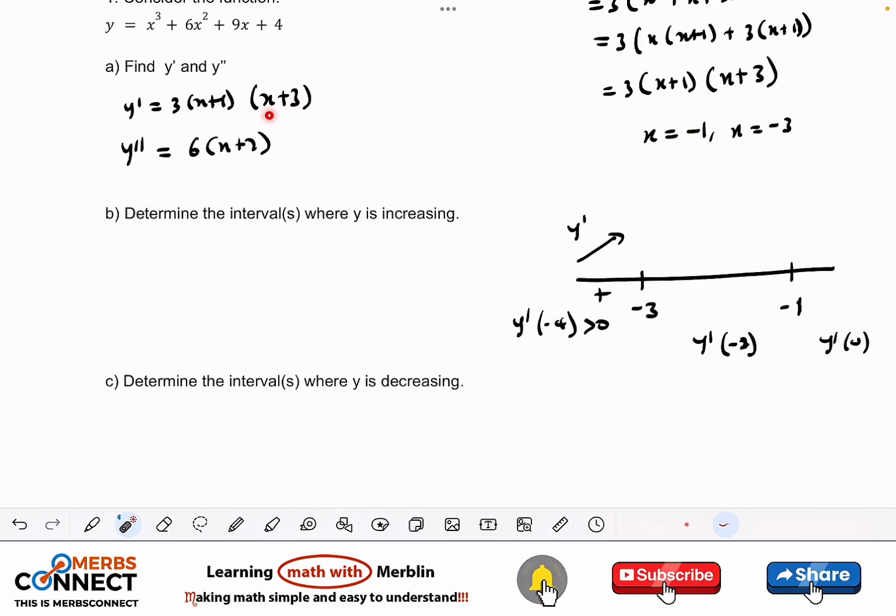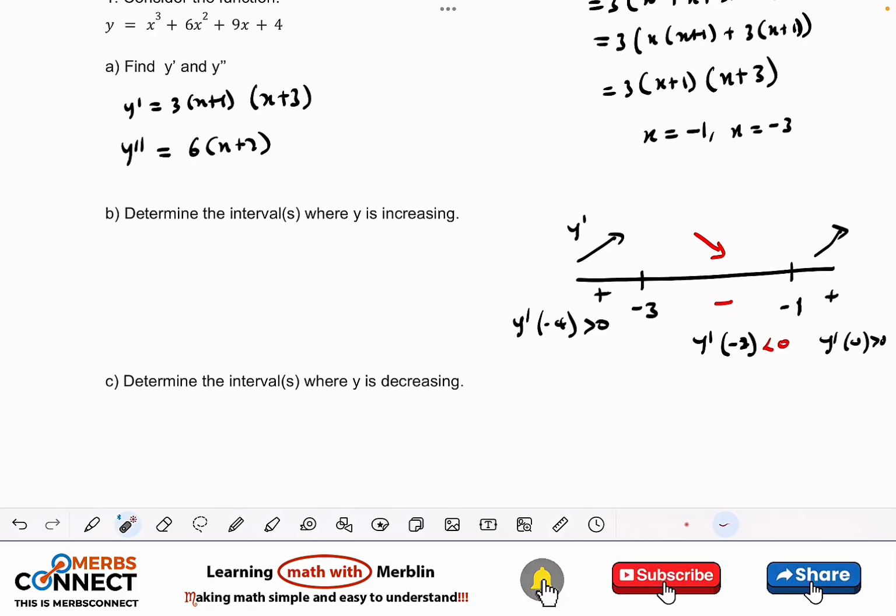-2, this one will be positive. This one will be negative. So positive, negative will be negative. So this one will be less than 0, negative, and this one will be decreasing. Let's look at the last one. 0, when I plug in 0, all of them is going to be positive. So this one is going to be greater than 0. This will be positive and this will be increasing.